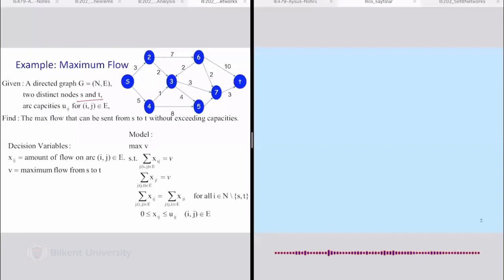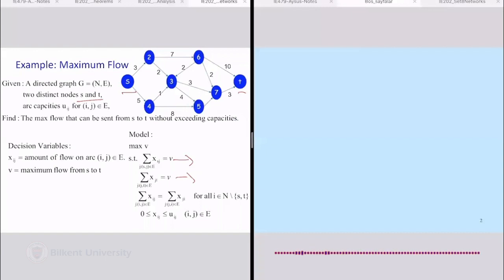From the integer programming perspective, the formulation is as it's written here. What do we want? We want to send the largest amount from S to T. So we name it V. Okay. So from S, I will be sending V units. And those V units should arrive at node T. And anybody in between should just send it along.